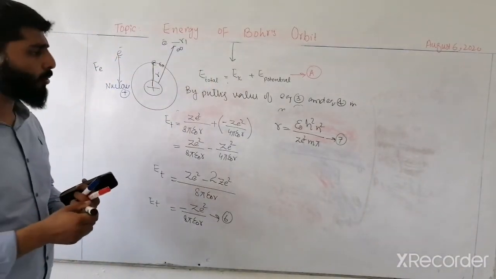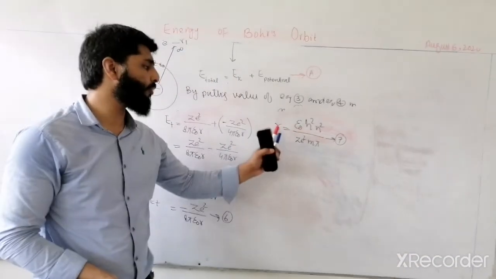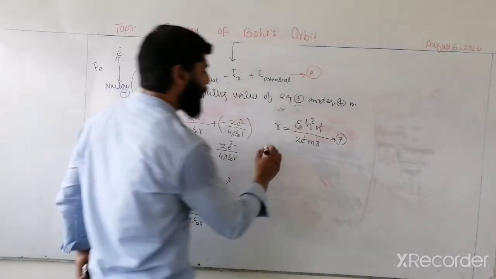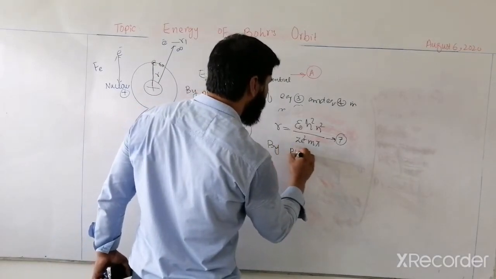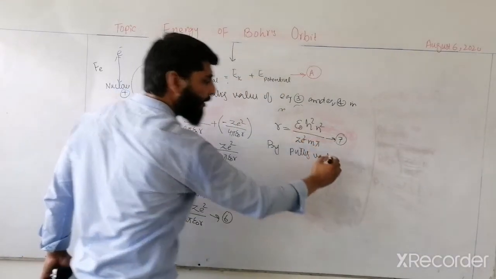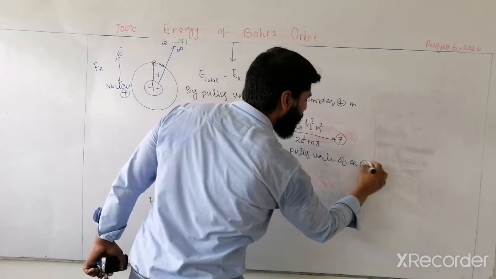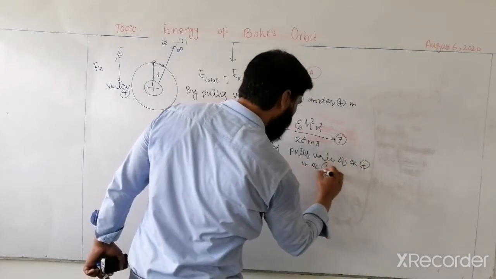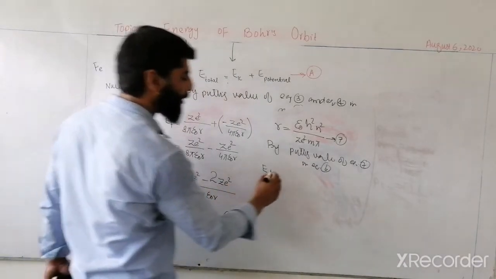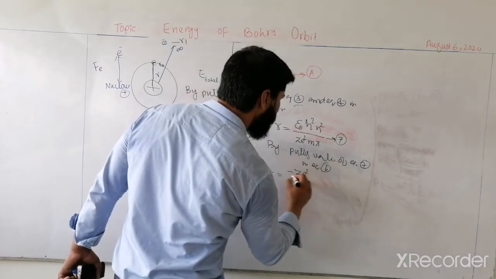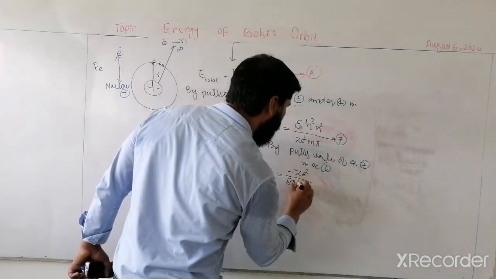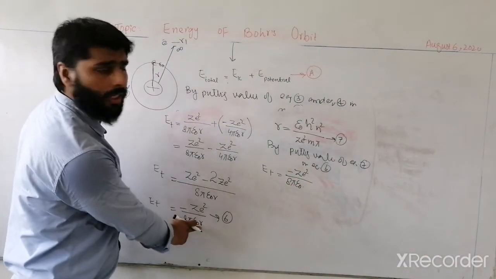Now by putting the value of R from equation 7 into equation 6, we will get total energy ET equal to minus Z E square divided by 8 pi epsilon naught into the value of R. What is the value of R?